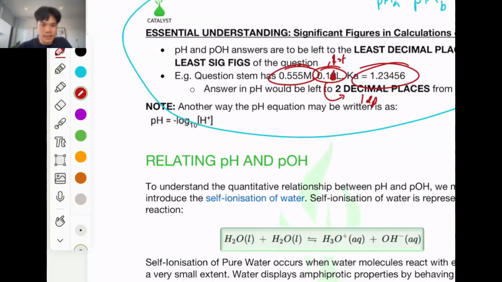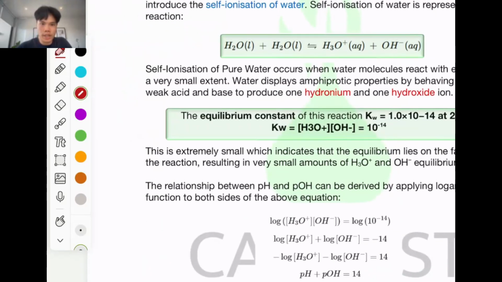Okay, cool. So relating pH and pOH, the relationship between hydronium and hydroxide concentration all stems from the autoionization of water, where water can react with itself to form hydronium and hydroxide, because it's amphiprotic.